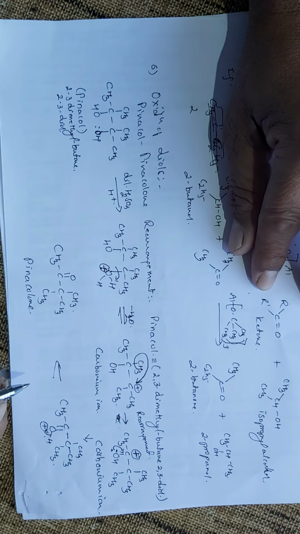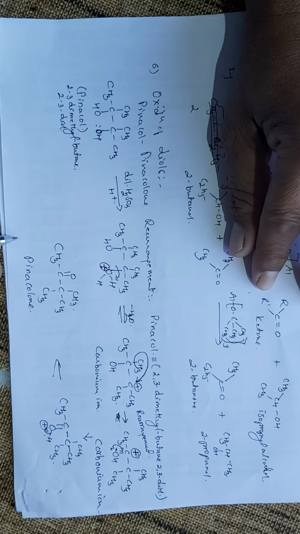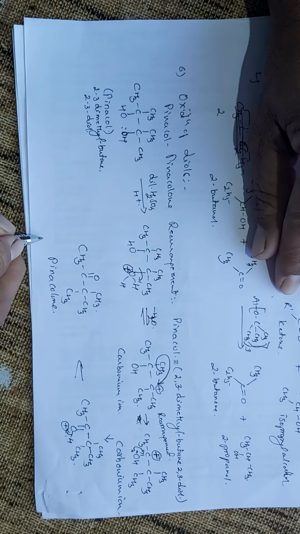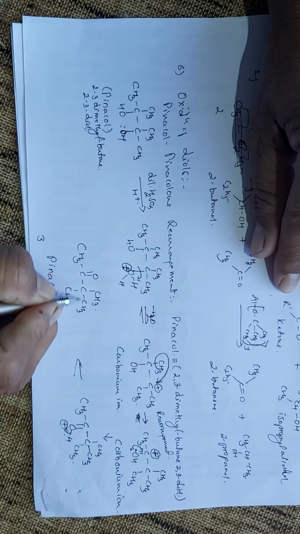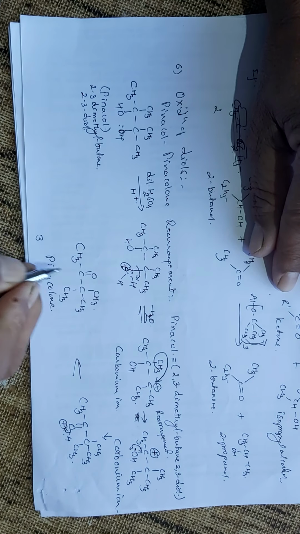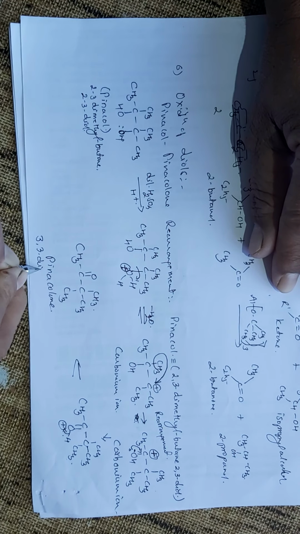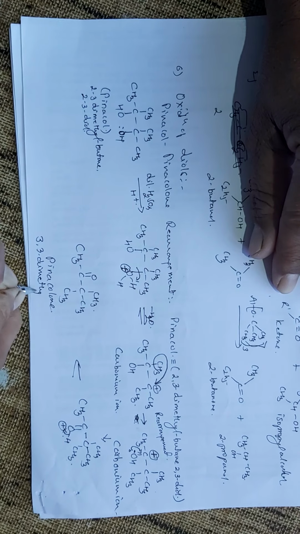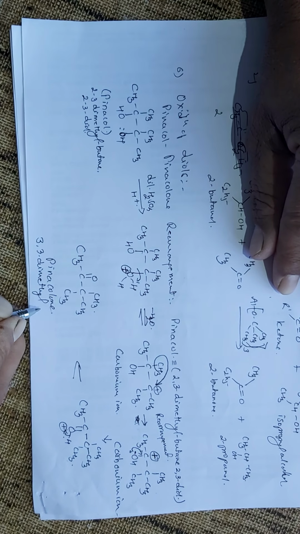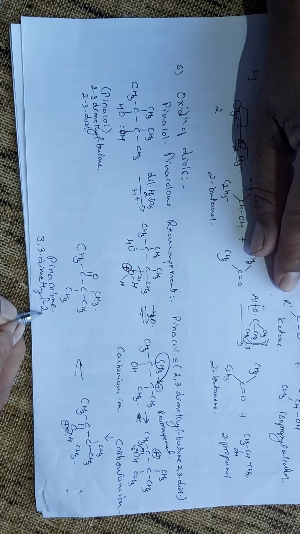Now the pinacolone which is obtained has the name, 1, 2, 3, 4. The functional group will get the lowest possible number, so the numbering will start from this side. So it is 3, 3 dimethyl, 2 butanone.